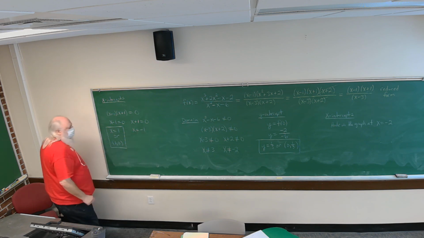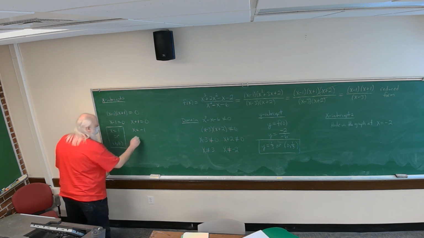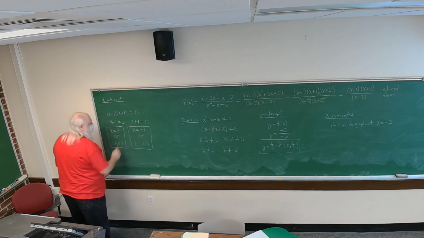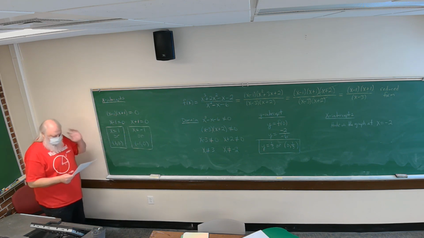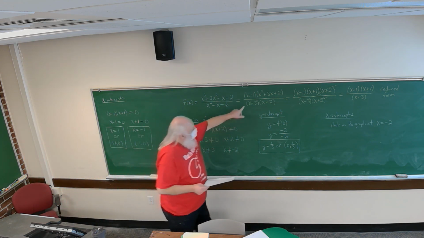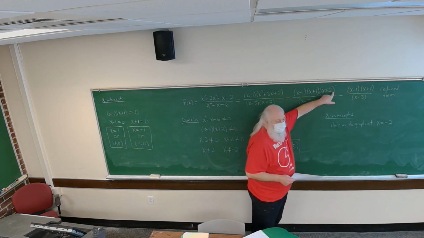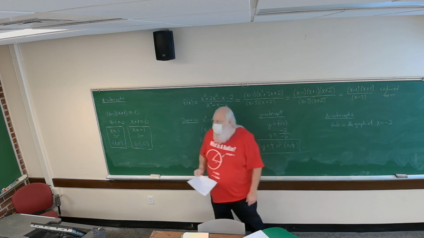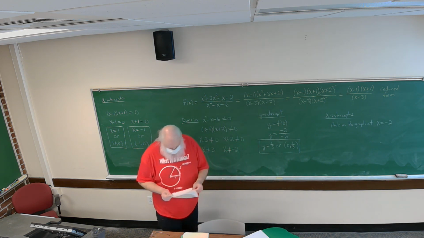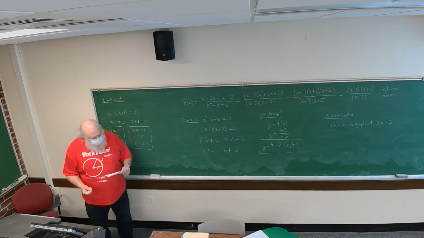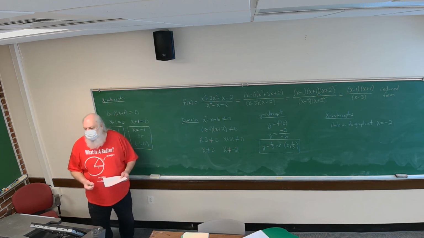Then we solve the second equation for x and get x equals minus 1, or the ordered pair (minus 1, 0) is the second x-intercept. So there are not 3 x-intercepts, even though there are 3 factors in the numerator here. There are only 2, and there's a hole in the graph. Any questions on that?